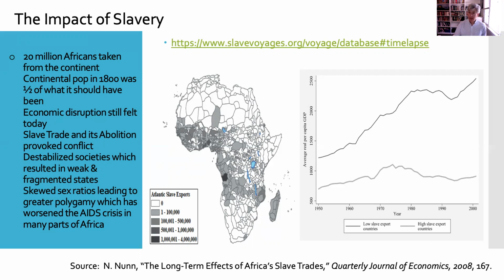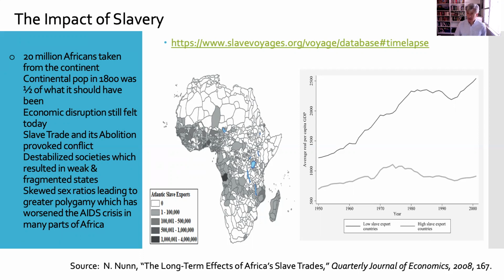And you look at the map here, and the societies where the slave trade took place. If we look at the chart on the right there, high export slave countries, their GDP down to today remains very small and largely flat, as opposed to low slave export countries, those appearing in white on the map, where modern African societies are growing.